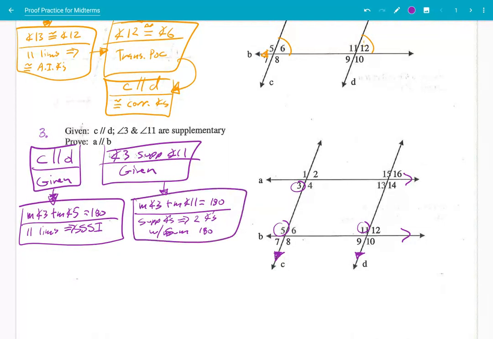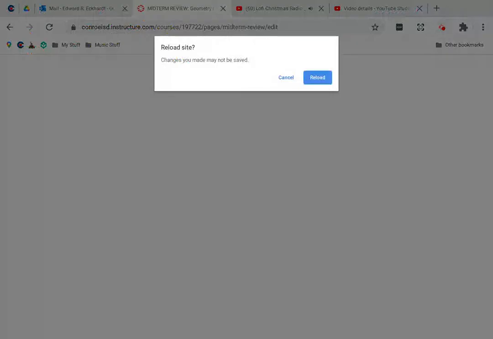And then we can swap something out. The measure of angle 3 plus the measure of angle 5 equals the measure of angle 3 plus the measure of angle 11, because they're both equal to 180, so we can set them equal to each other.